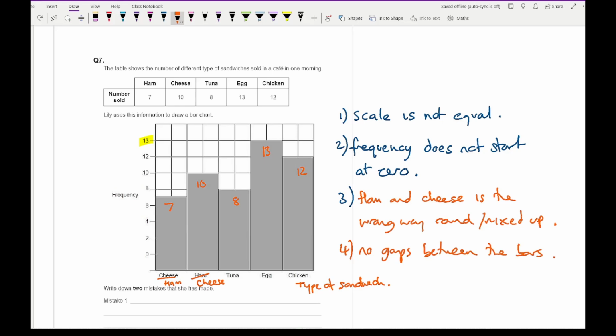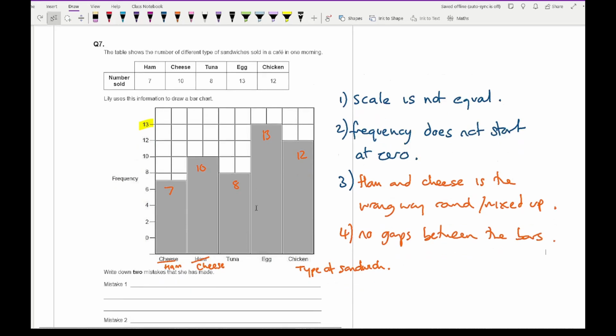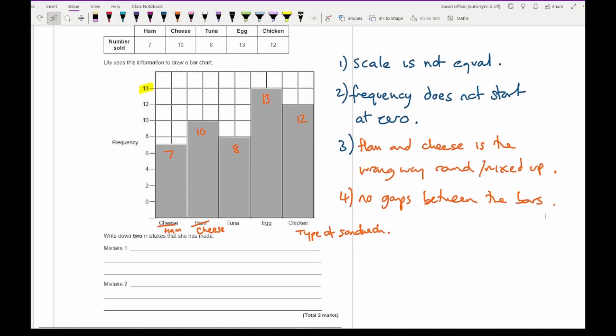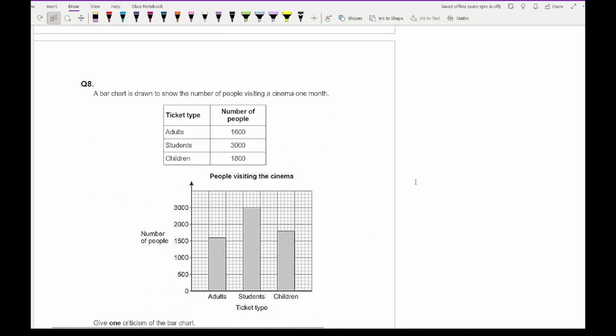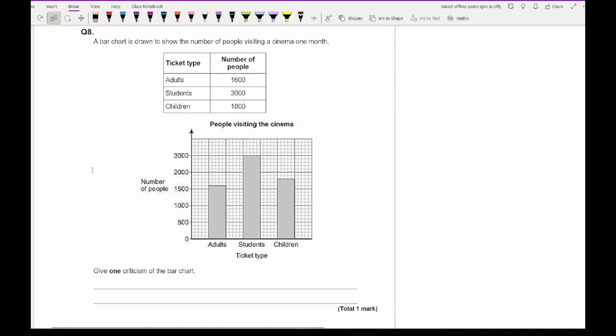Any of those 2 particular statements will be absolutely fine to get the 2 marks for this question. Moving on to question 8, it says that a bar chart is drawn to show the number of people visiting a cinema in 1 month. Very similar question to the previous one. We want to state 1 criticism of the bar chart. One thing you should be able to spot is that the scale is incorrect.